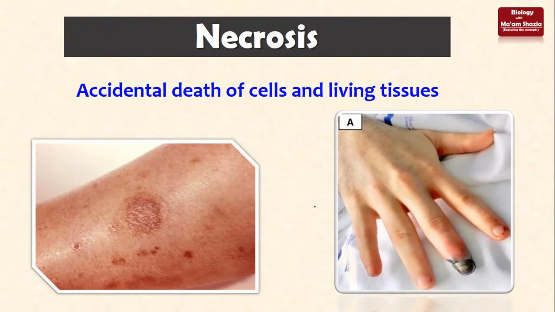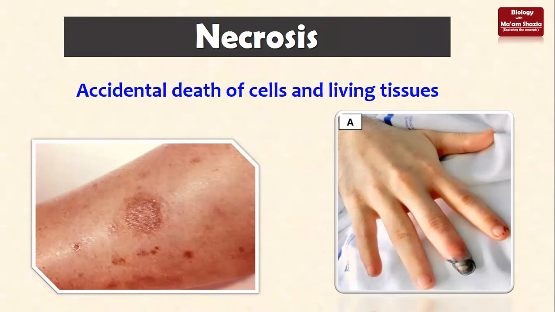Although it's a less sequential process, it is more damaging to the other tissues as well, because the inflammatory material does not stay inside the cell, it comes out of the damaged, dead, or infected cells. So look at this diagram.